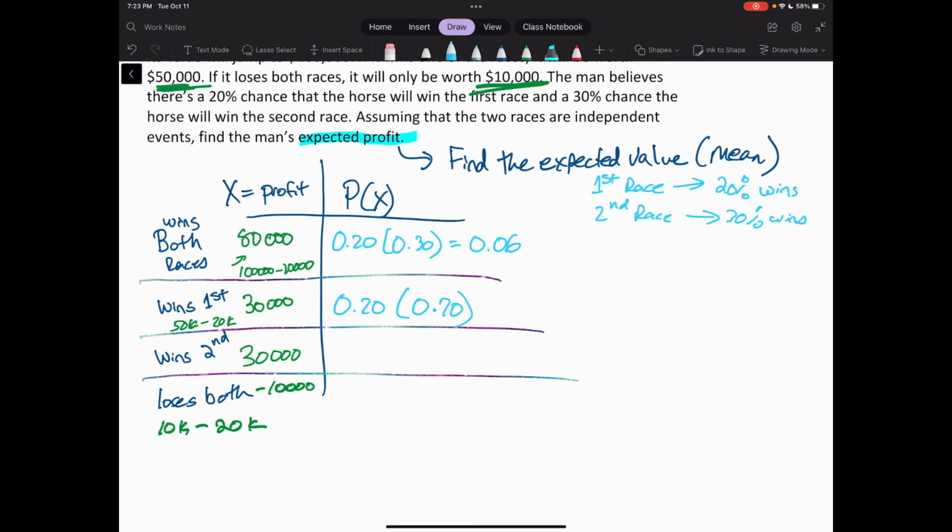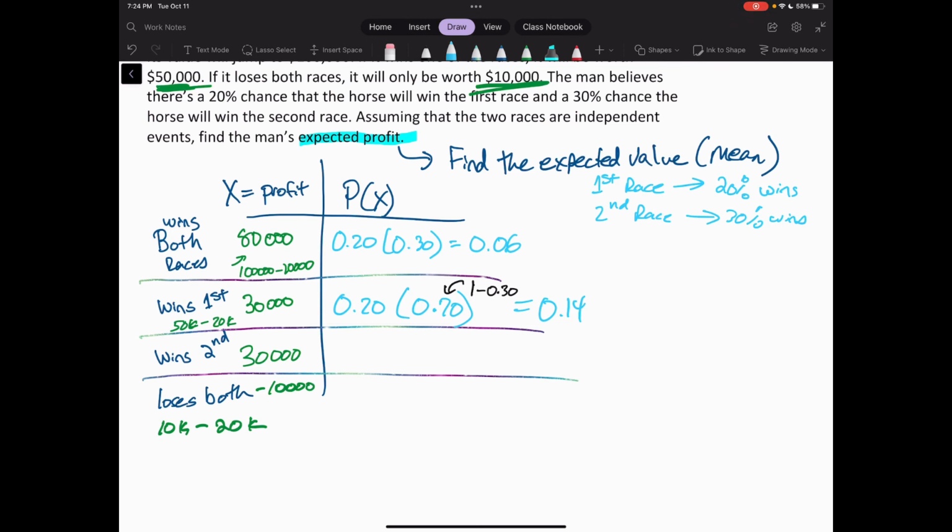Where do we get 70% from? You bet it. It was the complement rule. 1 minus 0.30, right? If there's a 30% chance that the horse wins, there's a 70% chance that the horse loses. All right, so what does that give us? If we take 0.20 times 0.70, that gives us 0.14. Feel free to verify that in your calculator.